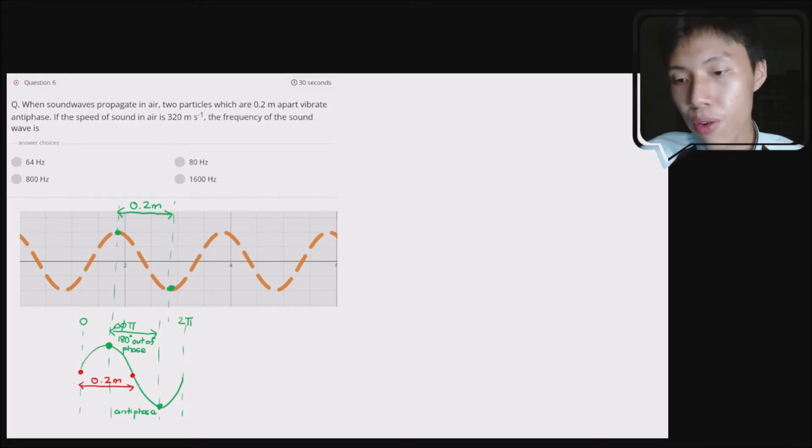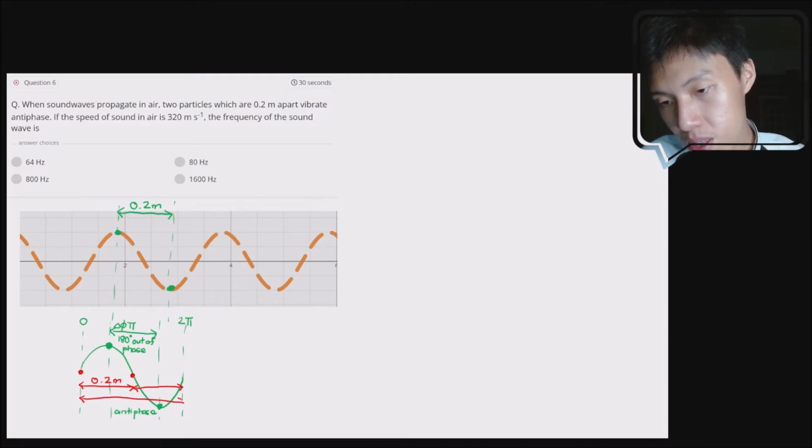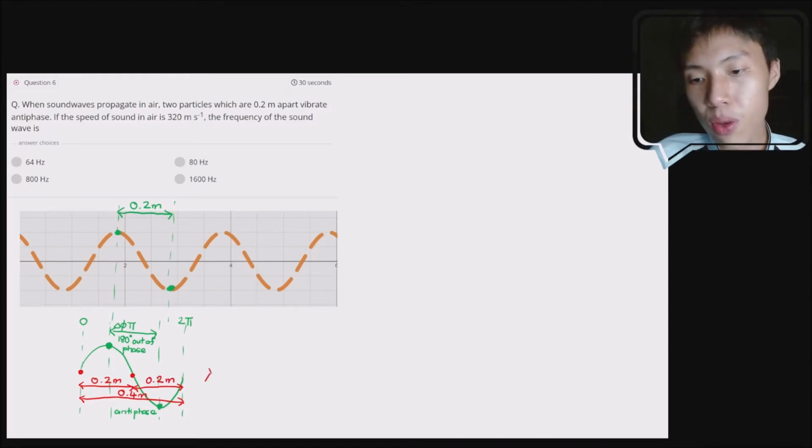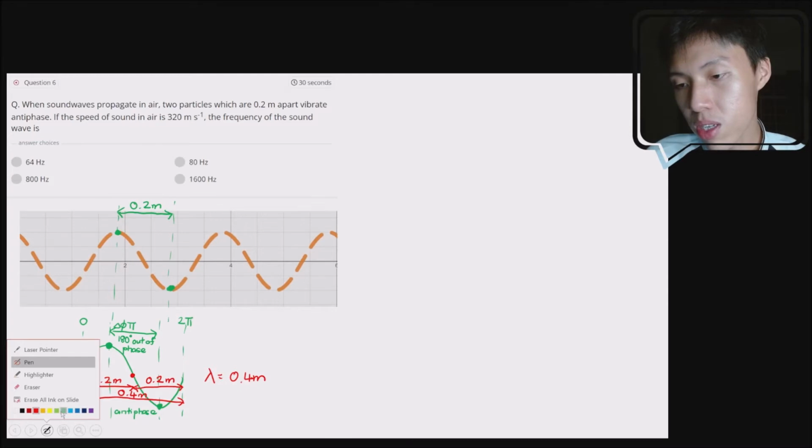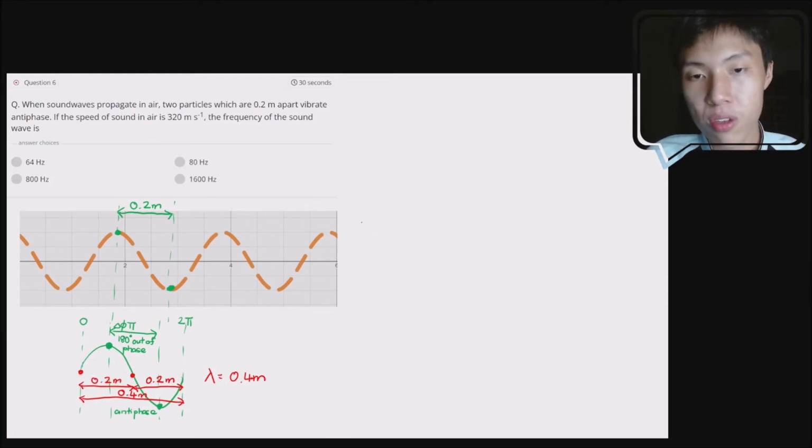So you know that for the wavelength, which is from here to here, the wavelength should be 0.4 meter because it's 2 times 0.2 meter. So now you know your wavelength is 0.4 meter. Once you know that, you can start to determine your frequency. You know v = fλ.